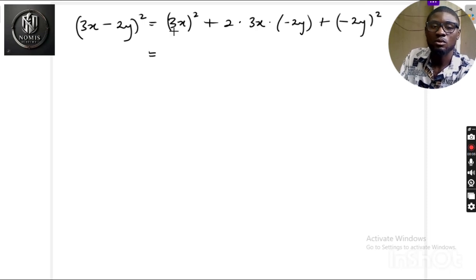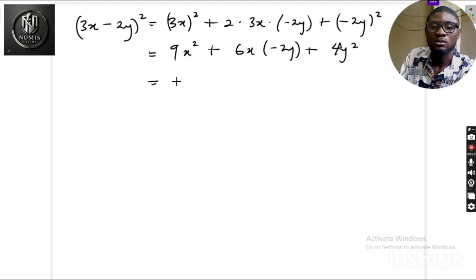So this is equal to 3 times 3, 9, x times x is x squared, plus 2 times 3 is 6x multiplying minus 2y, plus minus 2y multiplied by minus 2y because it's squared. So minus 2y multiplied by minus 2y is 4y squared.